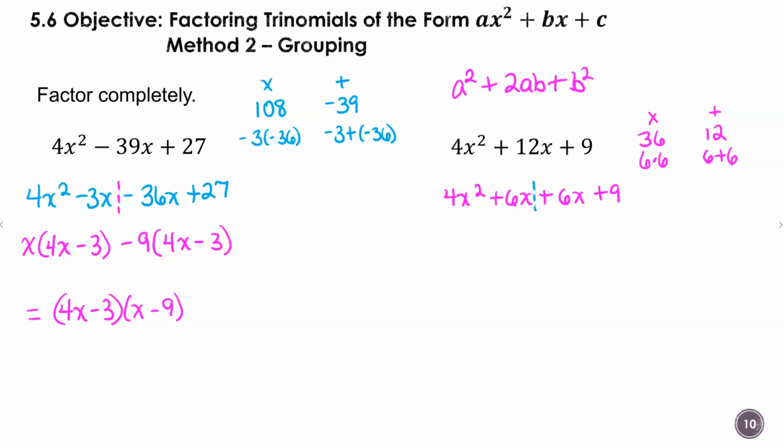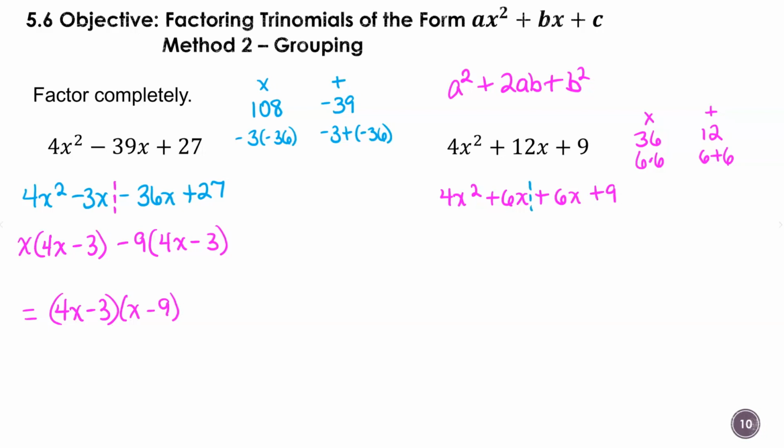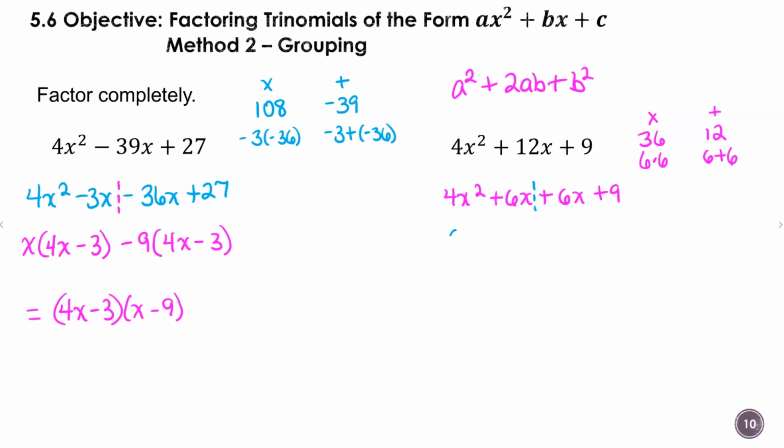So my common factor for the first two terms is going to be a 2x, and that leaves me 2x plus 3. And then a common factor for 6x and 9 is 3, and that leaves me 2x plus 3.